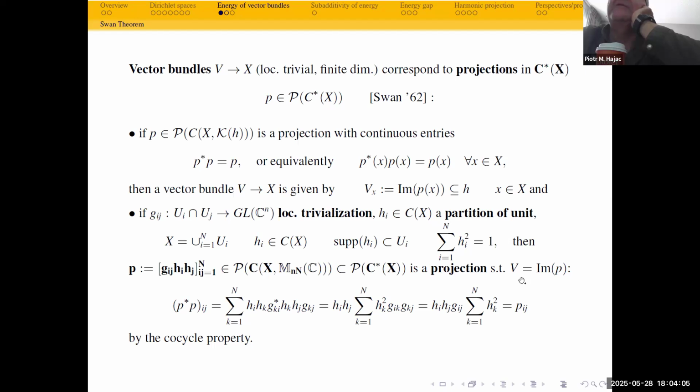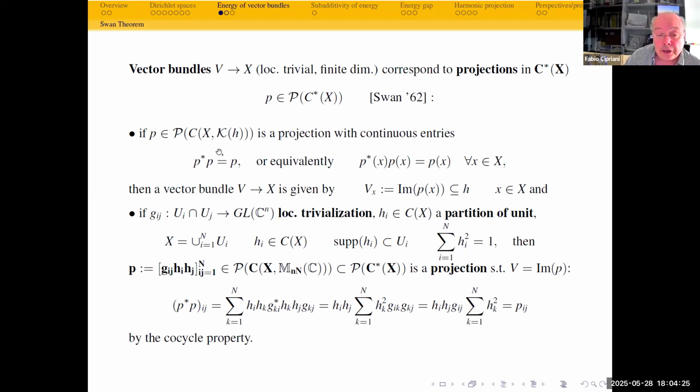Exactly. Okay. By the way, I'm also having some hesitation about using compact operators here instead of M infinity, I mean, a dense subalgebra. If you just have a projection in compact operators, it's obvious that the image has to be finite dimensional at every point.